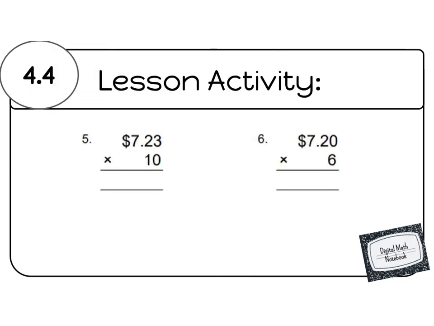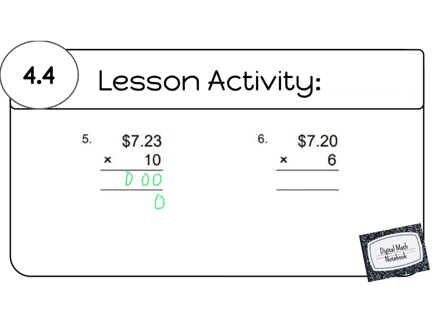All right, fifth graders, time for our lesson activity. In problem number 5, we're going to be multiplying $7.23 times 10. Now, we know some tricks about multiplying by 10, but let's go ahead and walk through all of our steps. 0 times 3 is 0. 0 times 2 is 0. 0 times 7 is 0.